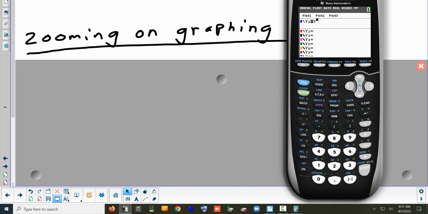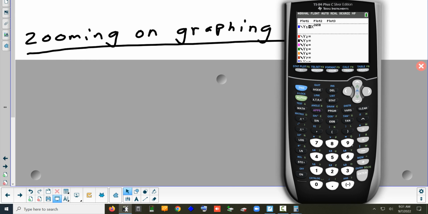Press the caret symbol right above the division sign. Press a 2. Now the problem is, if you keep typing right now, you're going to be staying in the exponent. We don't want to type anymore in the exponent. So once you have a 2 in the exponent, press the right arrow. That will bring your cursor back down to the regular line.